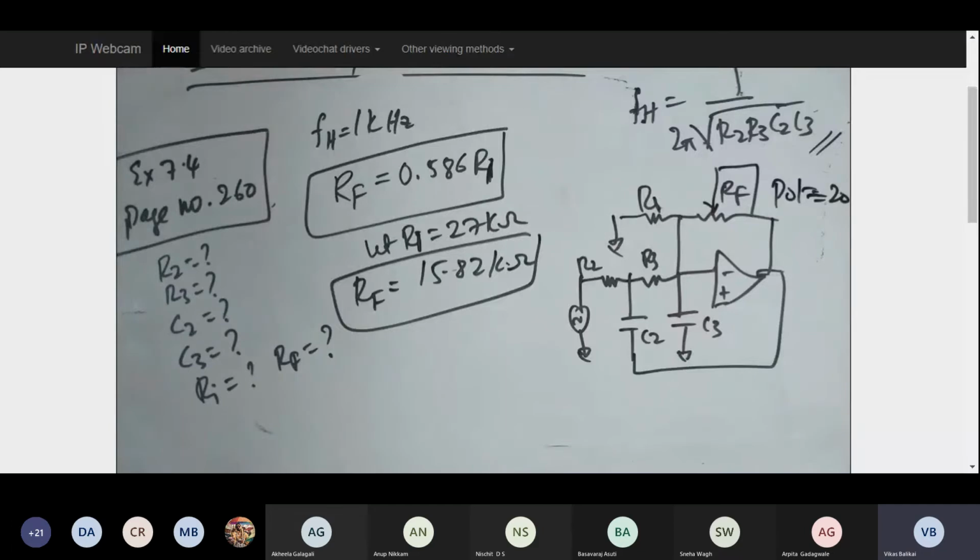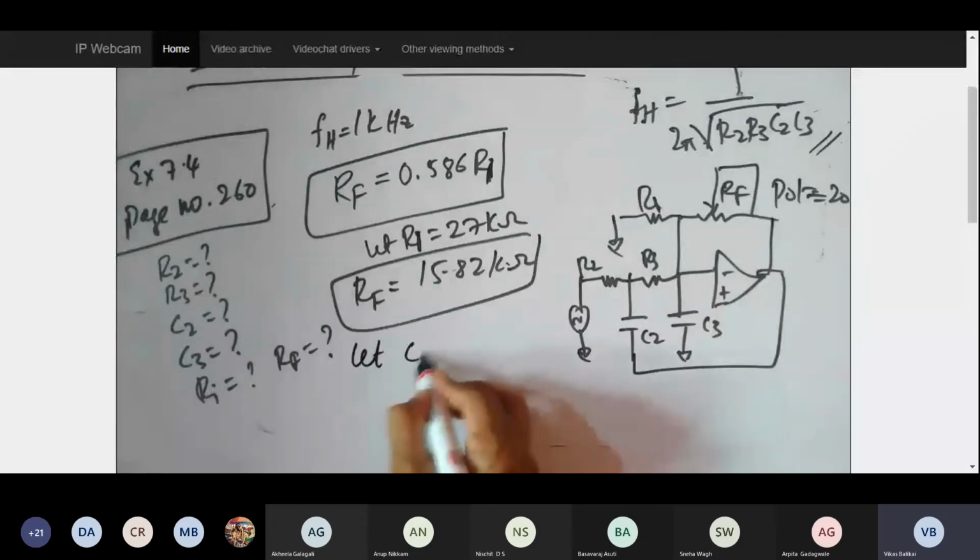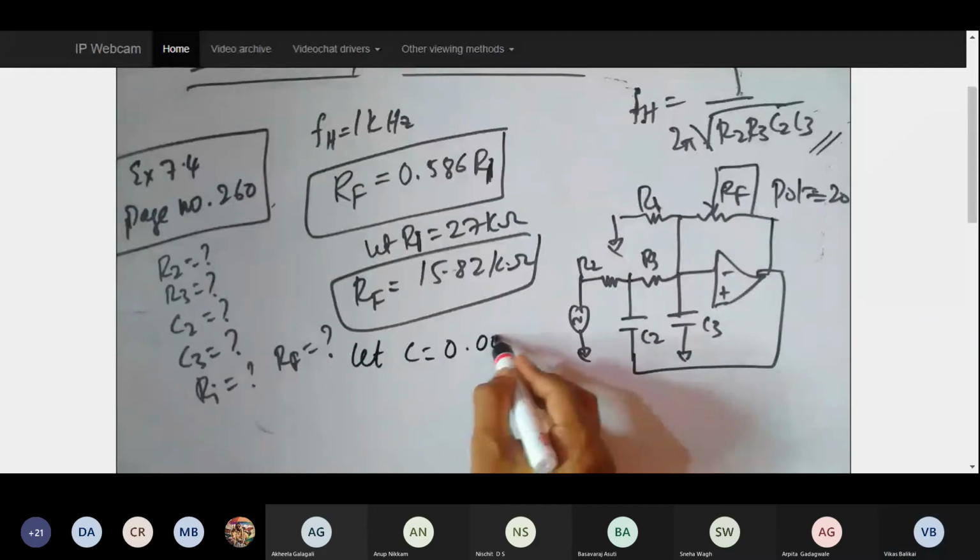So now what about R2 and R3? Like I was always telling, if both the terms are unknown, you go with assuming the C value. So the C value should always be less than 0.01 microfarad. Here he has taken C equal to 0.0047 microfarad.